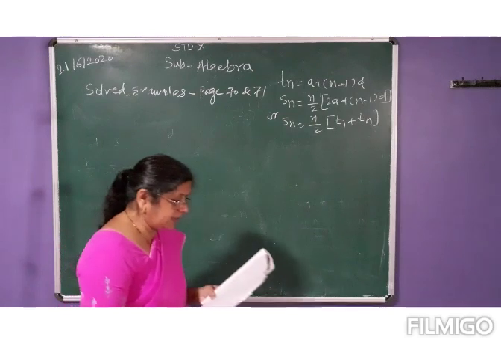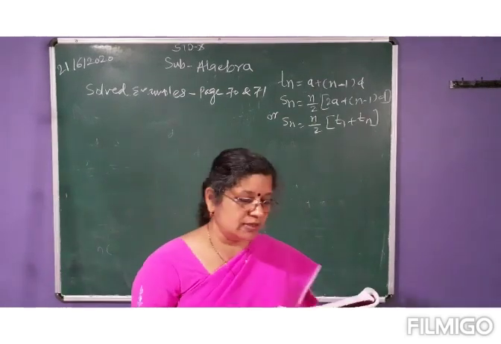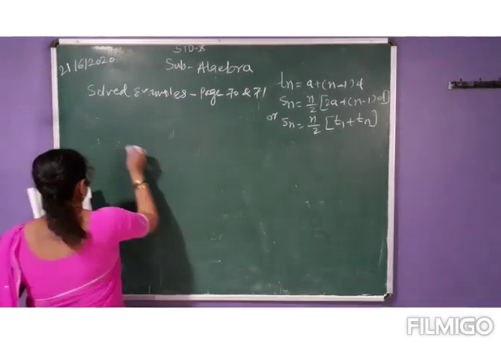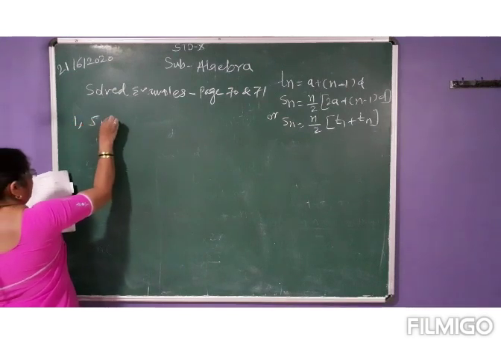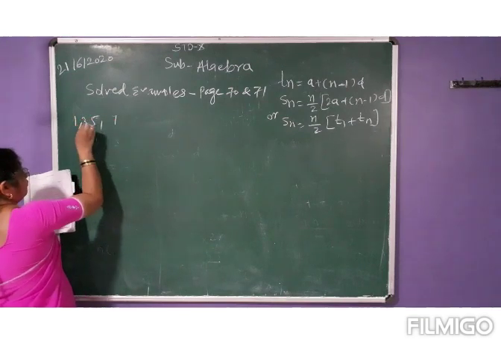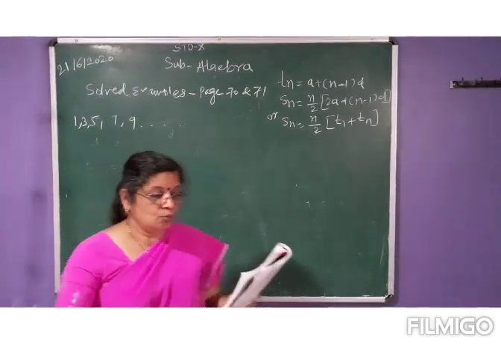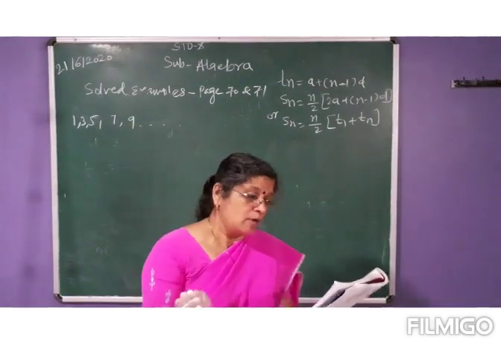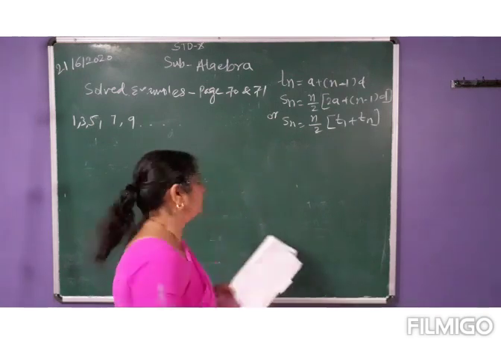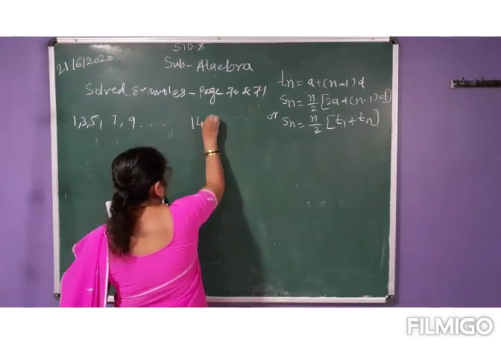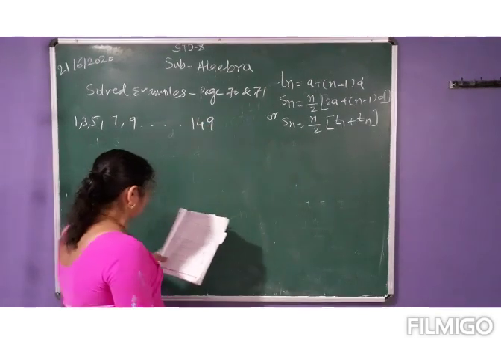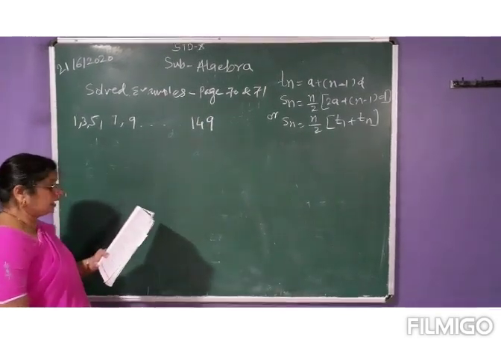Now see, whenever the range is given, you have to first write down the arithmetic progression like 1, 3, 5, 7, 9, and now see 1 to 150. So what is the last odd natural number? 149. Okay. Now here this is an AP.